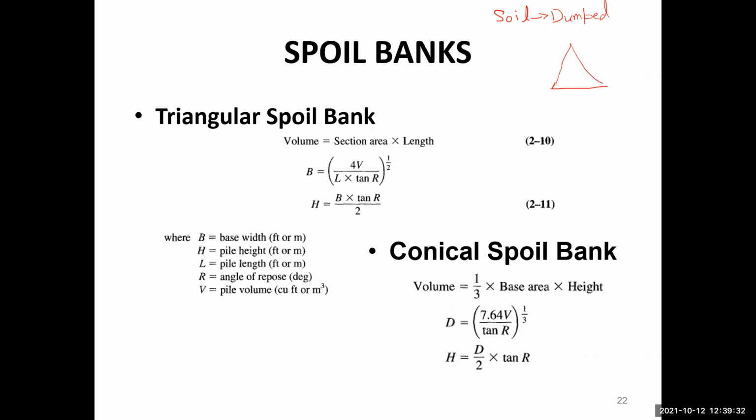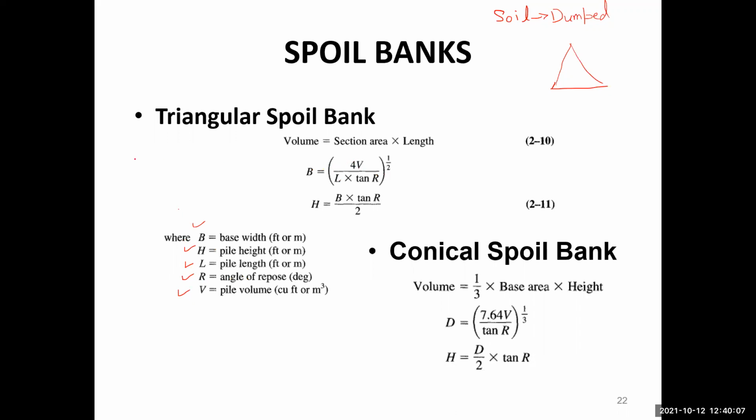Here B is the base width, H is the pile height, L is the pile length, R is the angle of repose, and V is the pile volume, which is in cubic meters or cubic feet. In this case, we can find it by this formula.